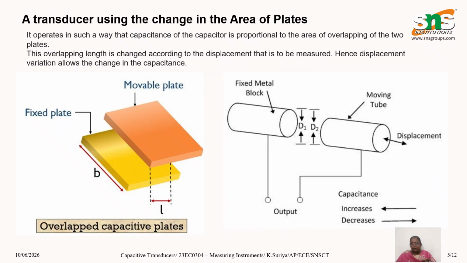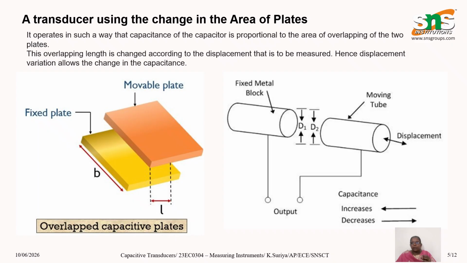The first type of capacitive transducer works by changing the overlapping area between the two capacitor plates. In this arrangement, one plate moves relative to the other, causing the overlapping area to increase or decrease. Since the capacitance is directly proportional to the area of overlap, any displacement results in a corresponding change in the capacitance.